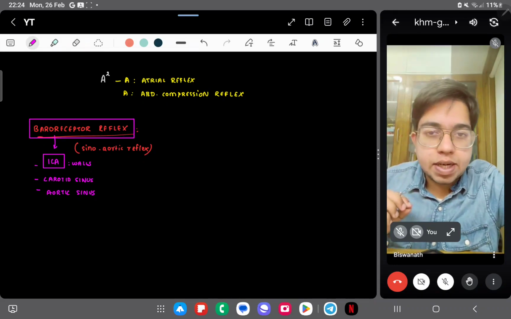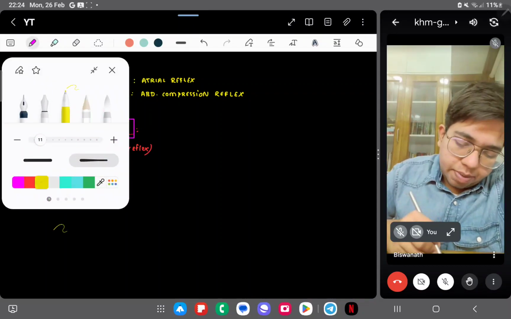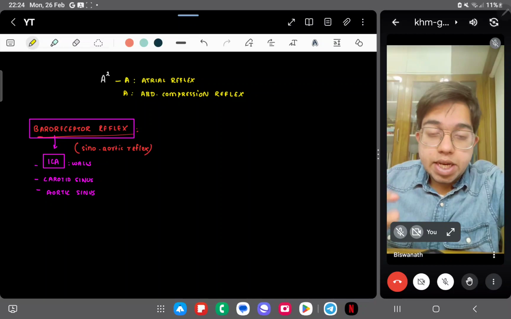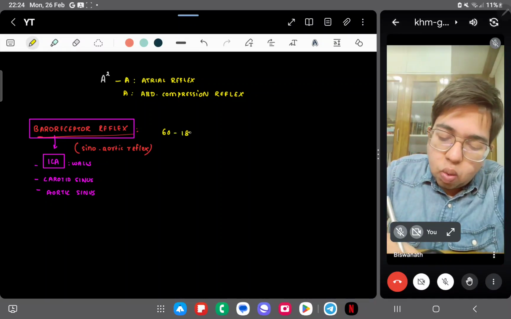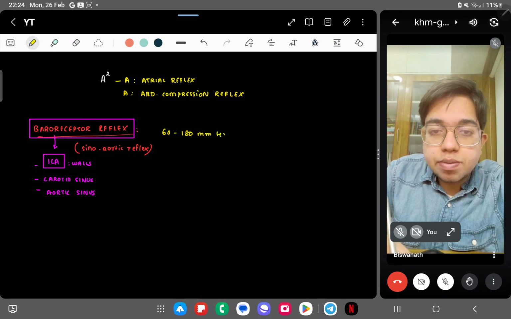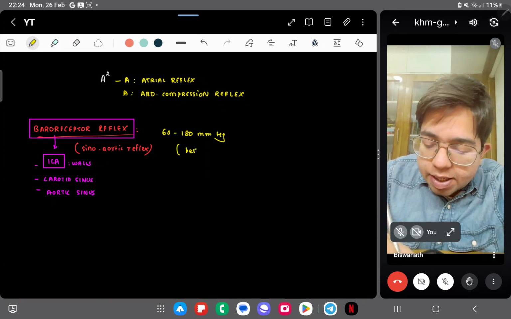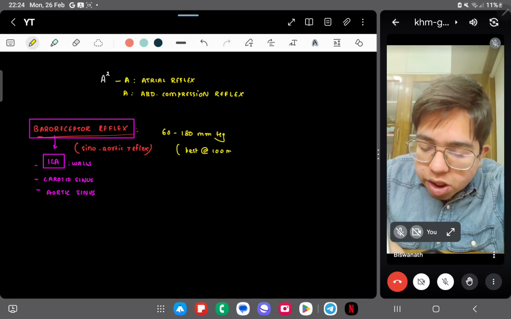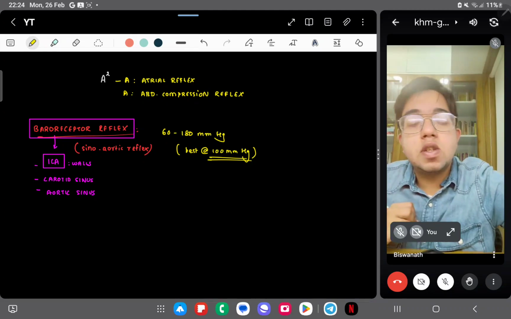The range of blood pressure at which baroreceptors work is 60 to 180 mmHg, and they work best at 100 mmHg. This is also asked.